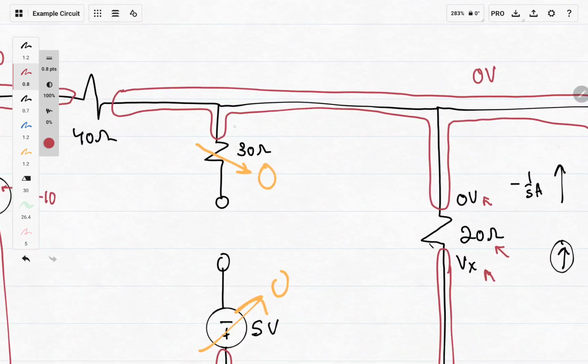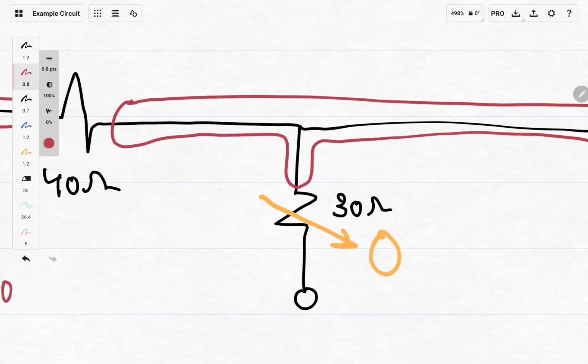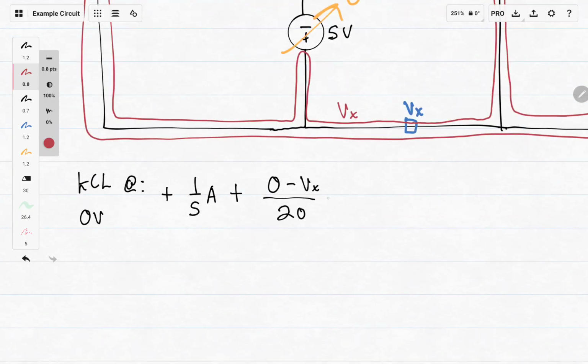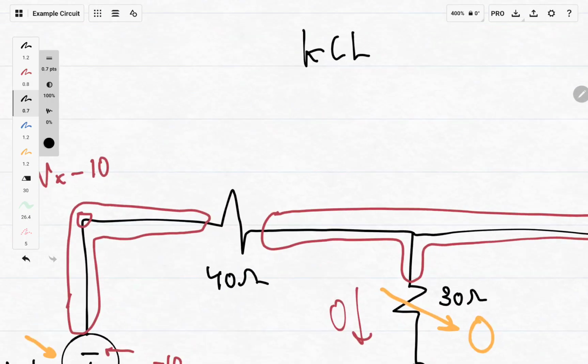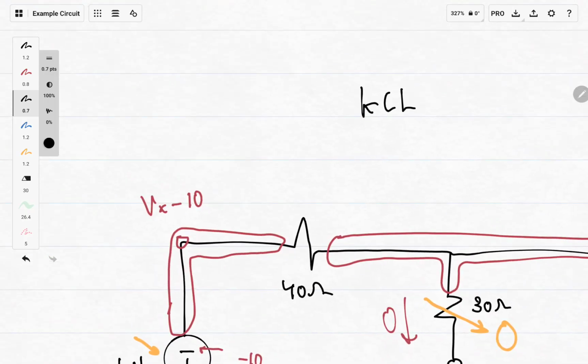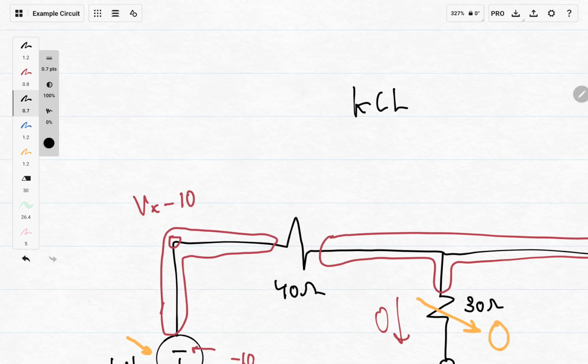And next, the next thing we encounter is this 30 ohm resistor. But because there's nothing there, we could just put plus 0 here. And the final thing we encounter is this resistor. As I mentioned before, we're gonna do this.